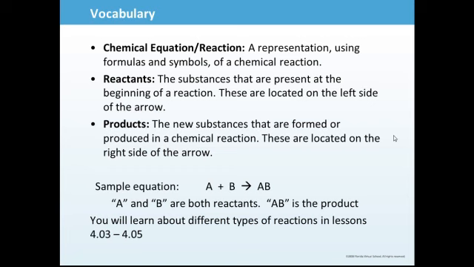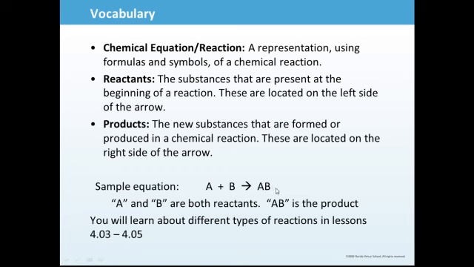Products are what you produce. That's what you're making. So you start your reaction with your reactants. Your reactants react together and then you form your products. A sample equation: A plus B, arrow AB. This is actually a synthesis reaction, which you'll learn all about in the next lesson.